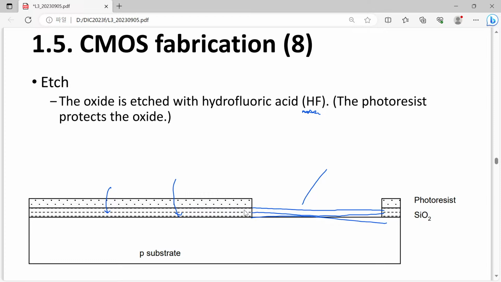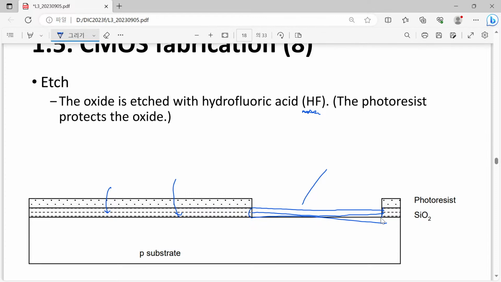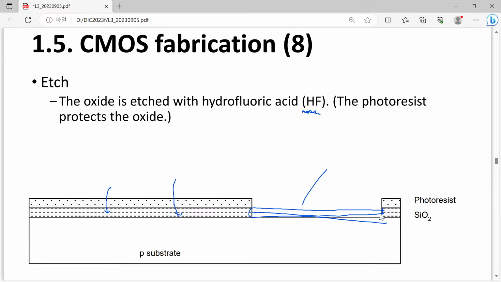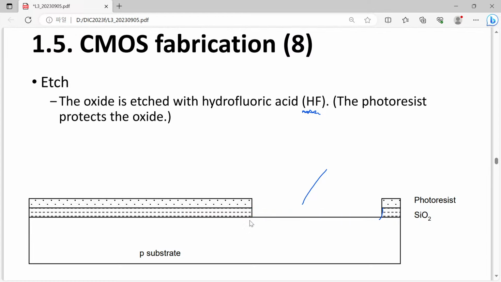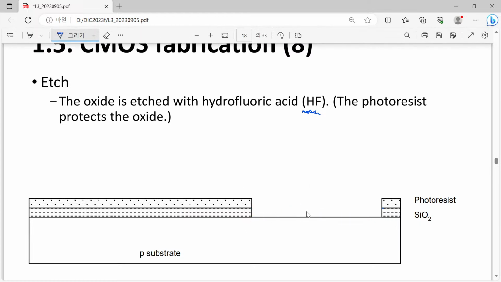Of course, we have lateral etching also. However, by controlling the time and conditions of the etching process, we can make an almost vertical structure, etching only vertically, and lateral etching is minimized by process optimization.